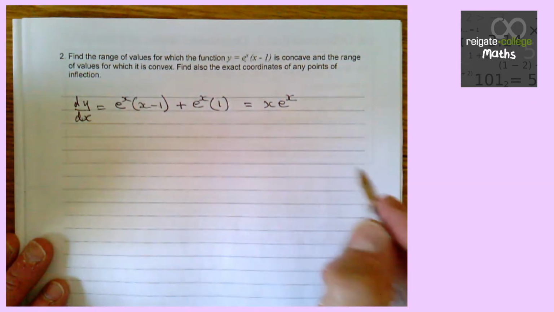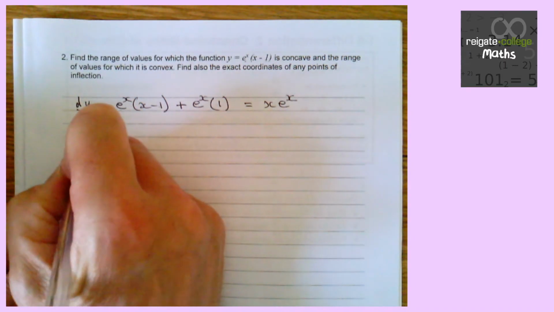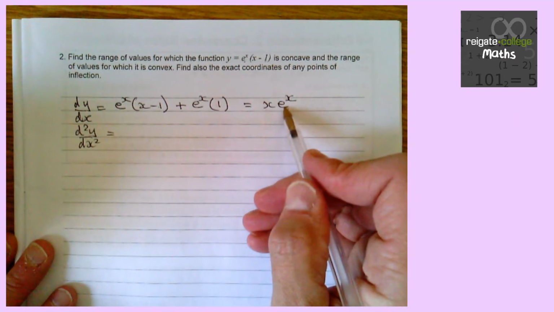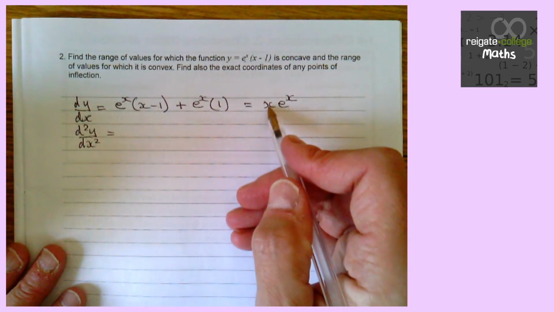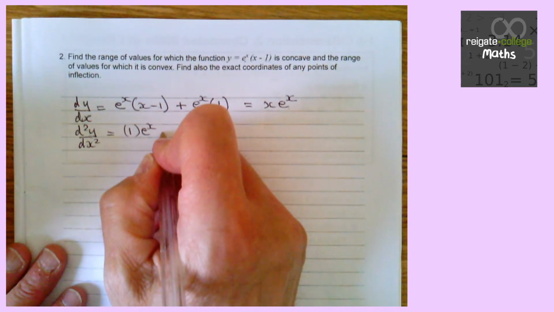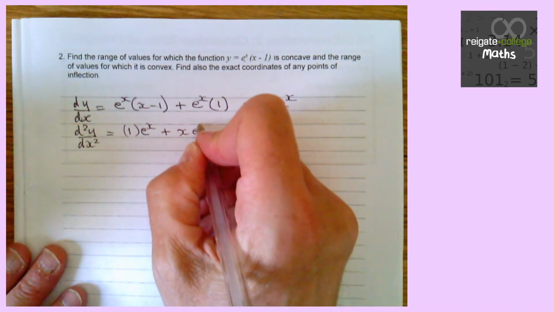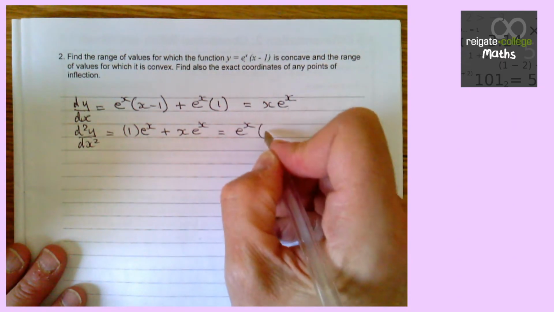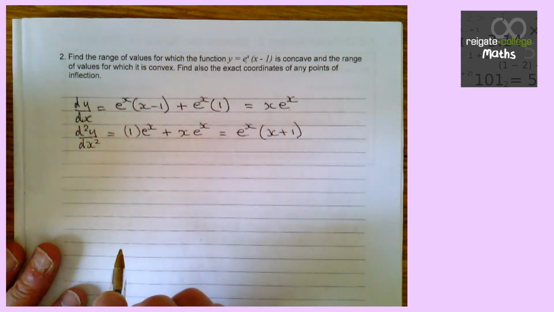We want the second derivative as well. d2y by dx squared is equal to, well, we've got to use the product rule on this, so let's differentiate x, so that's 1 times e to the x plus x times differentiate e to the x, which is e to the x, so that's just e to the x times x plus 1.